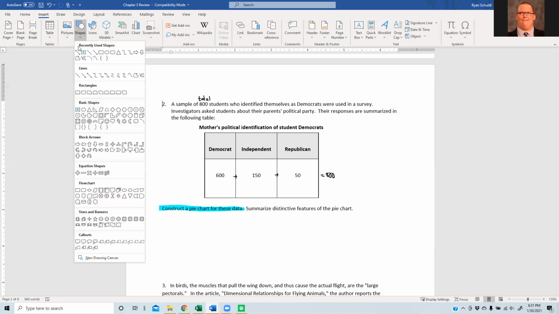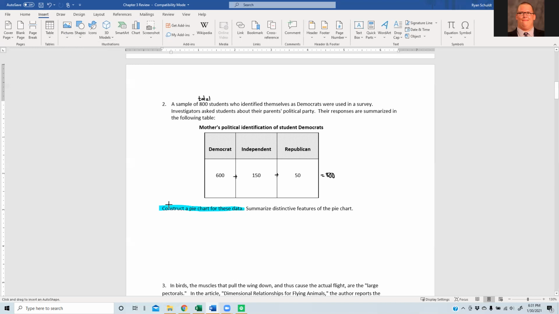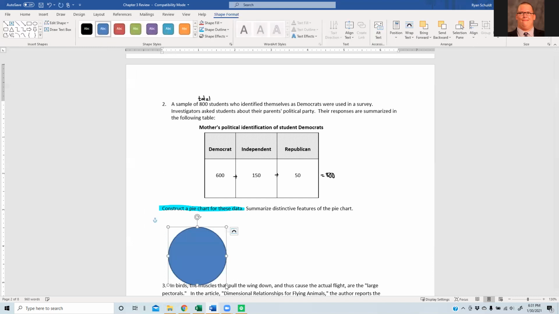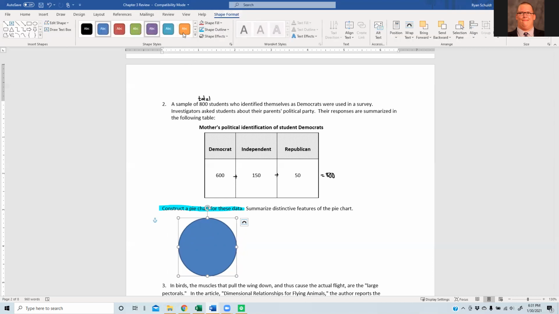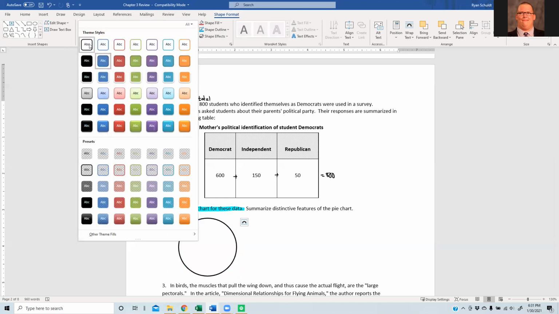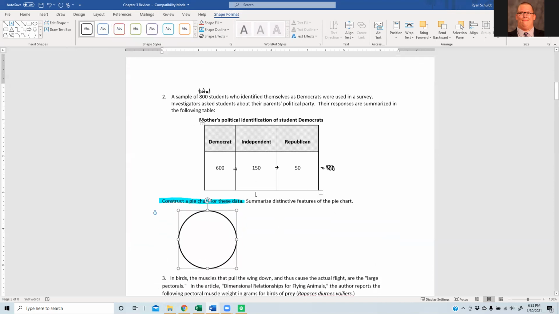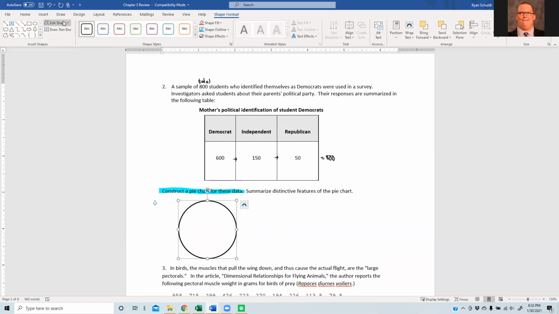So I'm going to go and insert a circle to be our pie chart. But then we need to figure out how many degrees each wedge of the pie chart should be. So let's do that now.